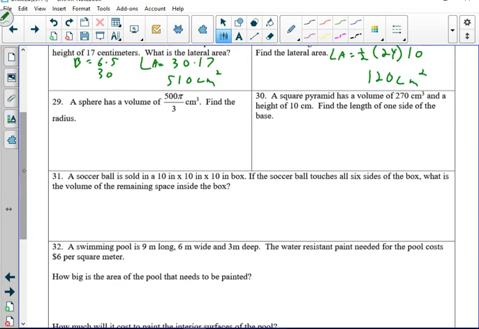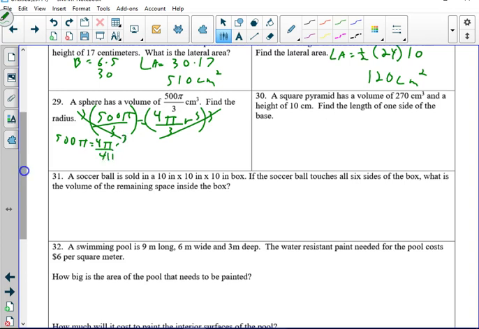A sphere has a volume of 500 pi divided by 3. Find the radius. You're just working backwards. So 500 pi over 3 equals 4 pi r cubed over 3. Well, first off, multiply both sides by 3. Do that. So you end up with 500 pi equals 4 pi r cubed.